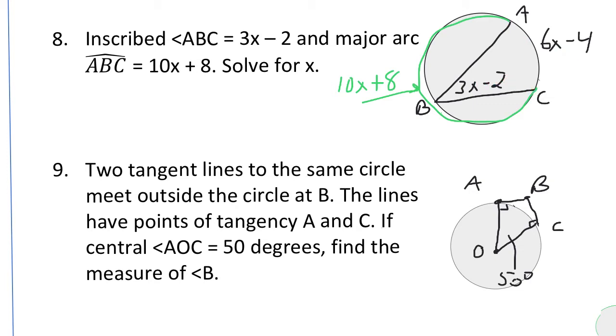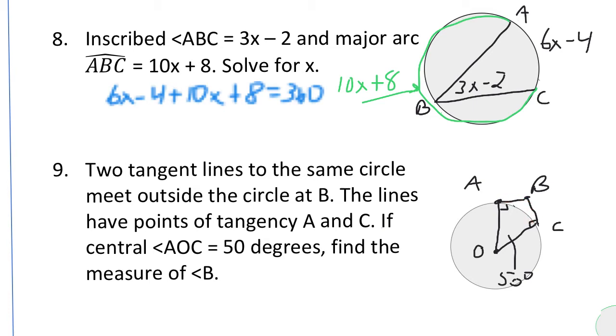We have to double the inscribed to get the arc. The 6x minus 4 combined with the 10x plus 8 brings us all the way around the circle, so that adds to 360.